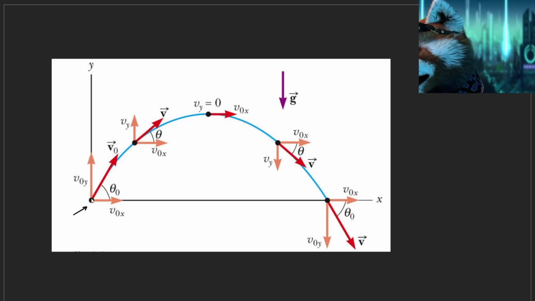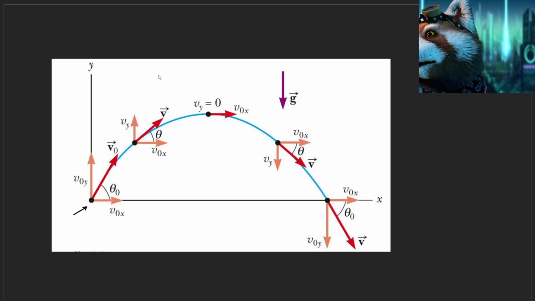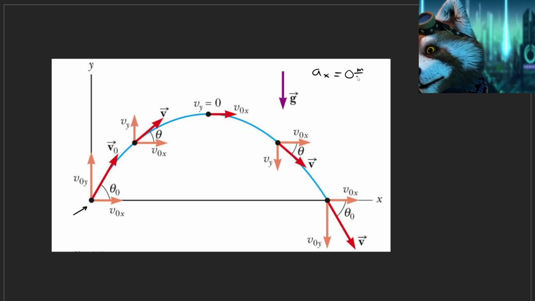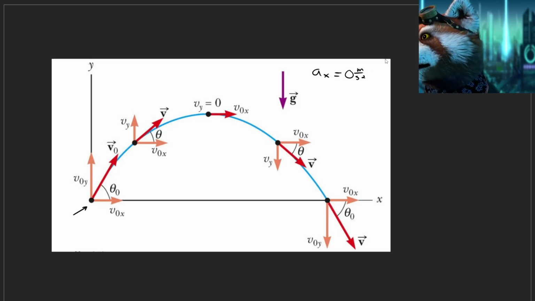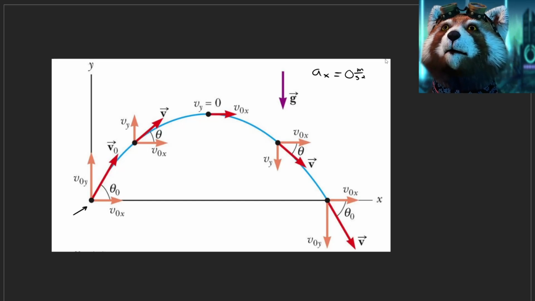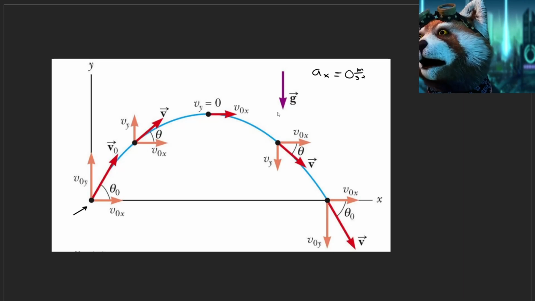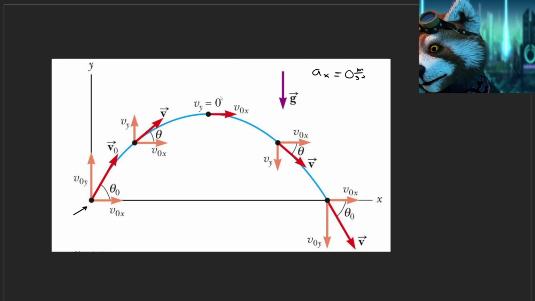So as this object undergoes projectile motion, we are going to assume that acceleration in the x is equal to 0 meters per second squared, because we're neglecting air resistance here. So the velocity will not change in the x direction.